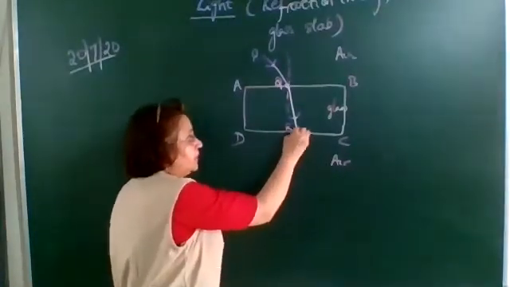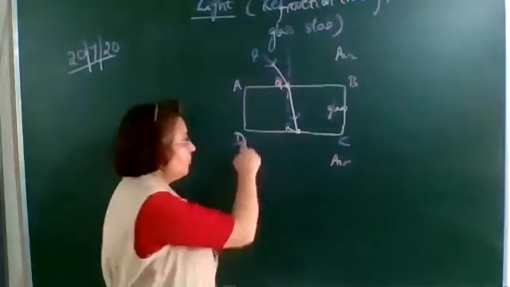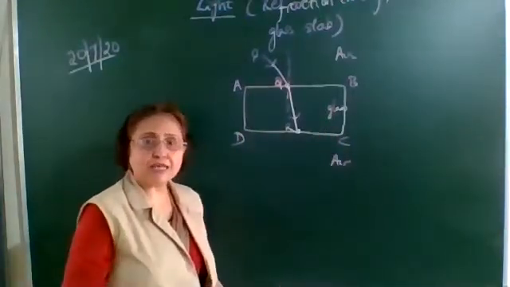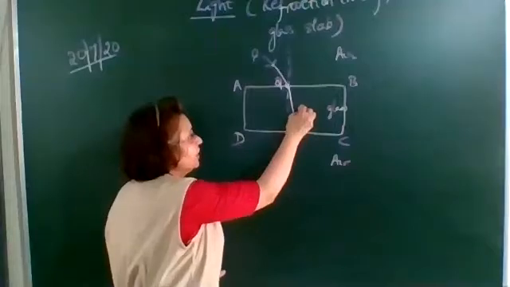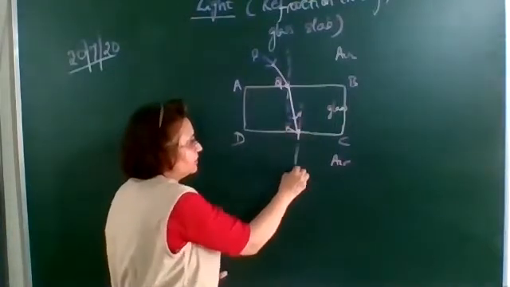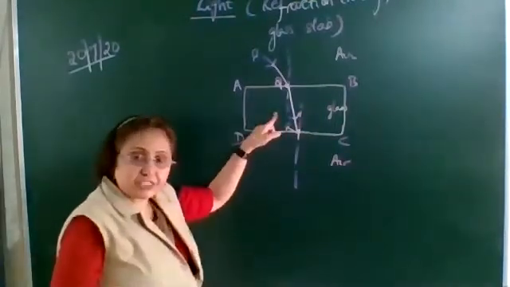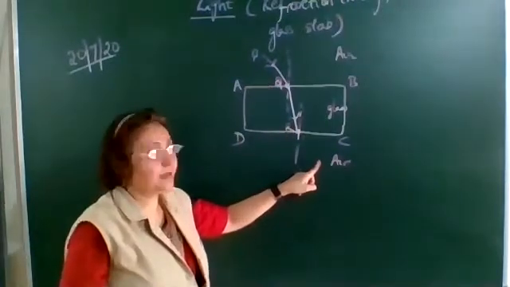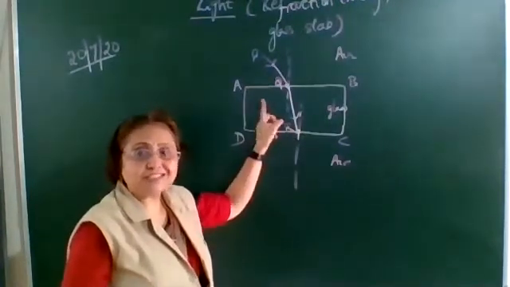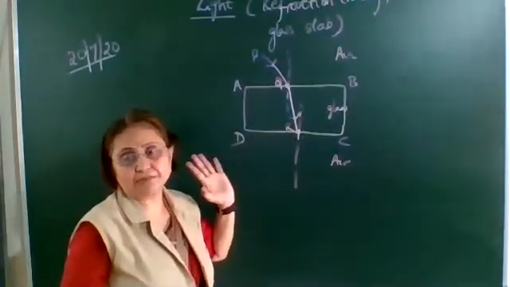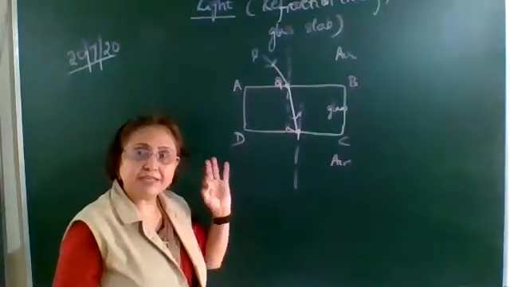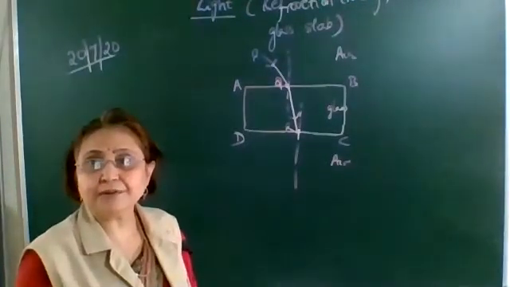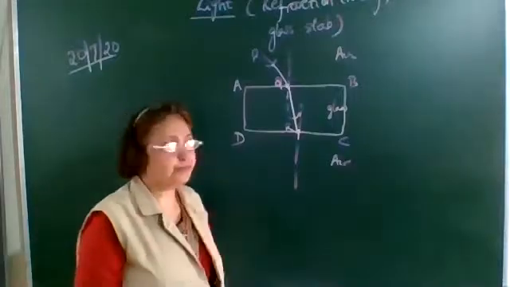Again at this point R, we draw one perpendicular to the CD face. Again this is called the normal. Now this ray of light QR is moving from glass to air, that is, from a denser to a rarer medium. And we know that any ray of light passing from a denser to a rarer medium bends away from the normal.